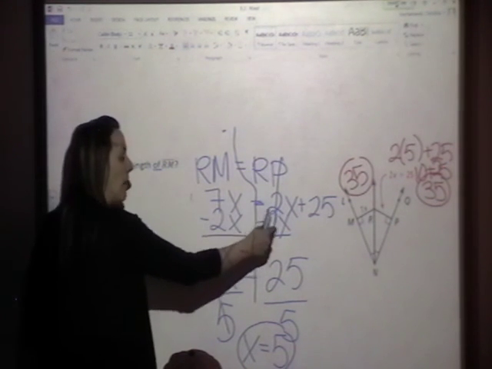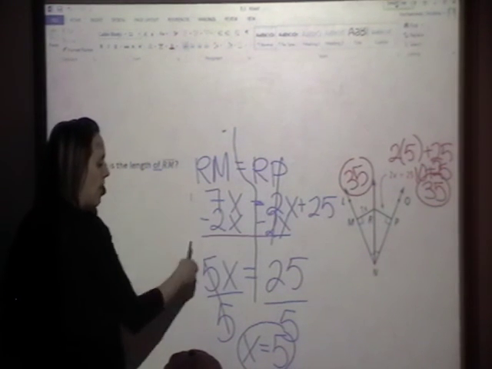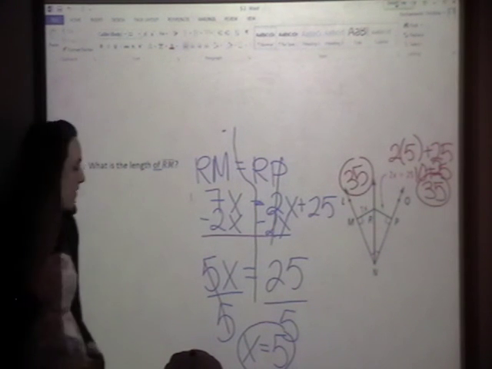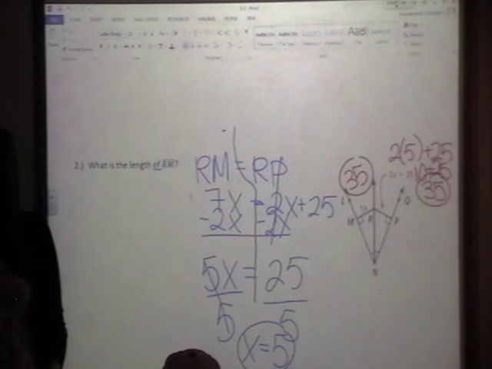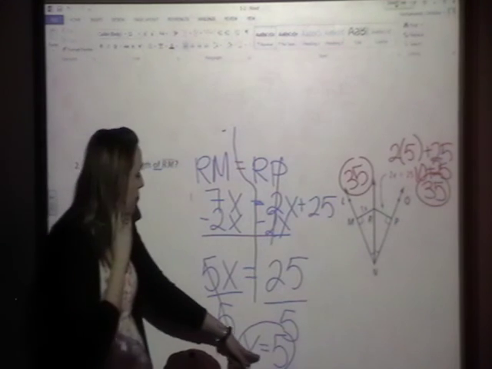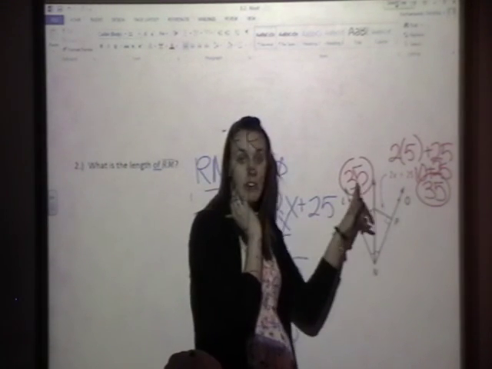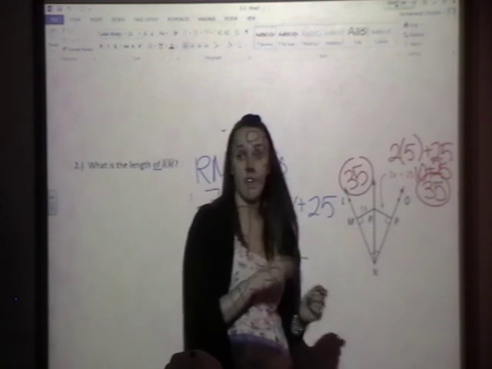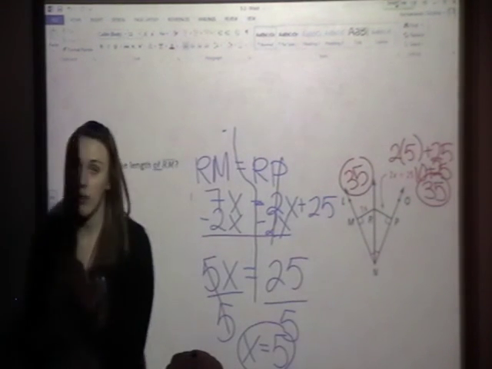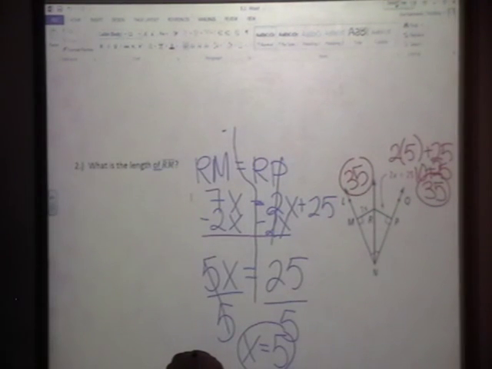To undo a positive 2x, I subtract 2x. I got 5x equals 25, and then I divided both sides by 5 to get x equals 5. After I found my value of x, all I did was plug it in to make sure that these were truly equidistant. And last I checked, 35 is equal to 35. Okay? All right.